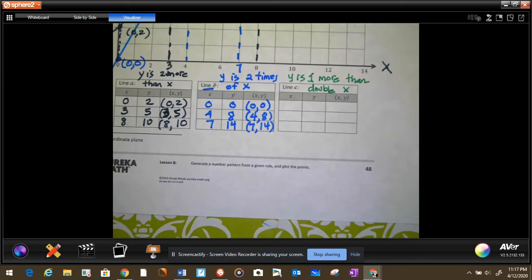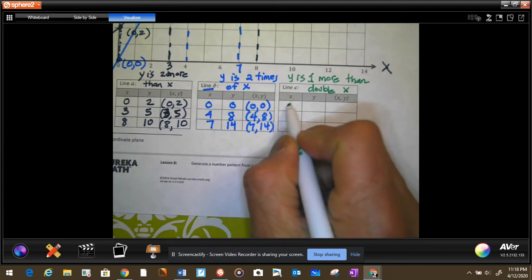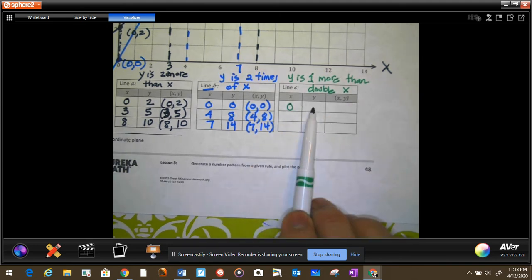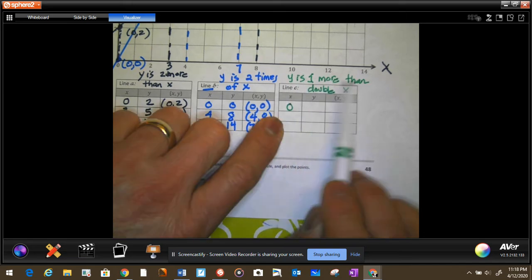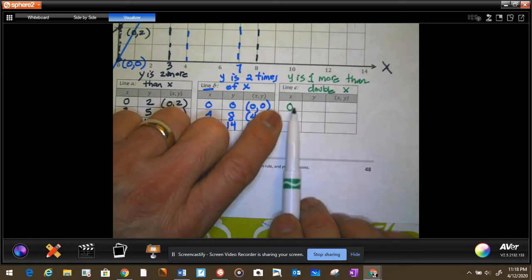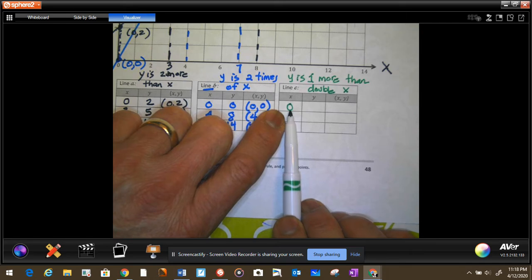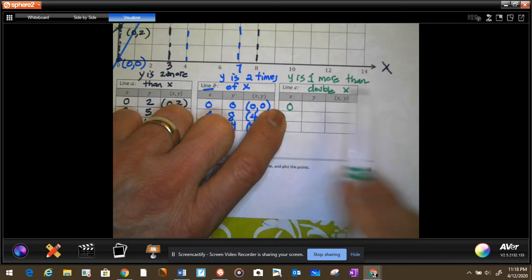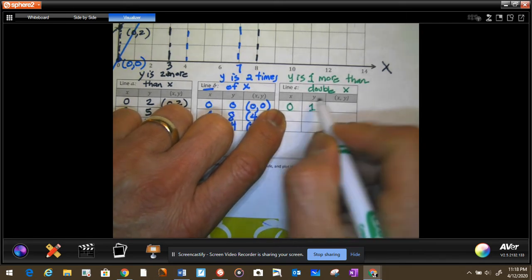This one sounds a little complicated, but it actually is not. Let me explain. Let's say x is 0. It says that y is 1 more than double x. So if we double x, that's 0 plus 0 equals 0. Plus 1 more will be 1. So that makes y 1.